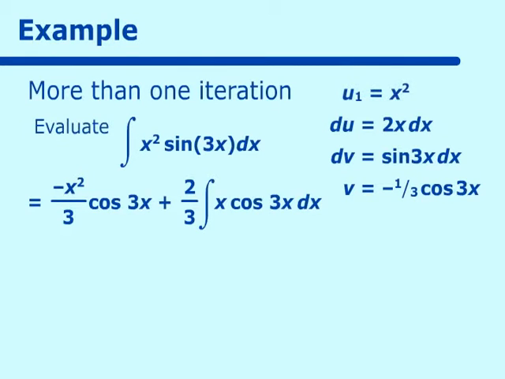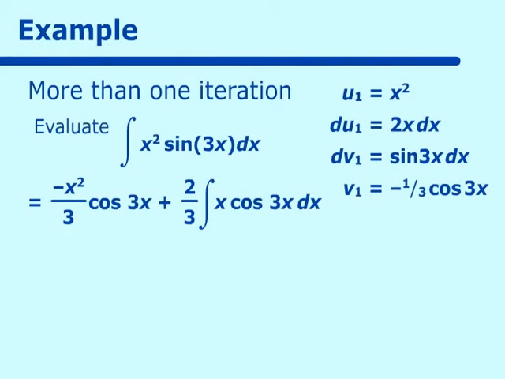So let's go back and call all these u's sub 1s and dv's sub 1s and v's sub 1s, and then go on and do another iteration where u sub 2 is equal to x. That makes du sub 2 equal to dx. dv sub 2 is equal to cosine 3x dx. v sub 2 is equal to 1/3 sine 3x.